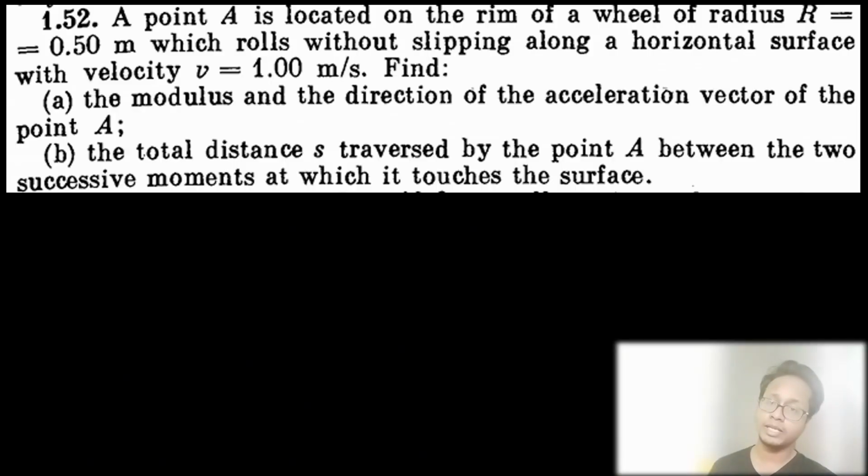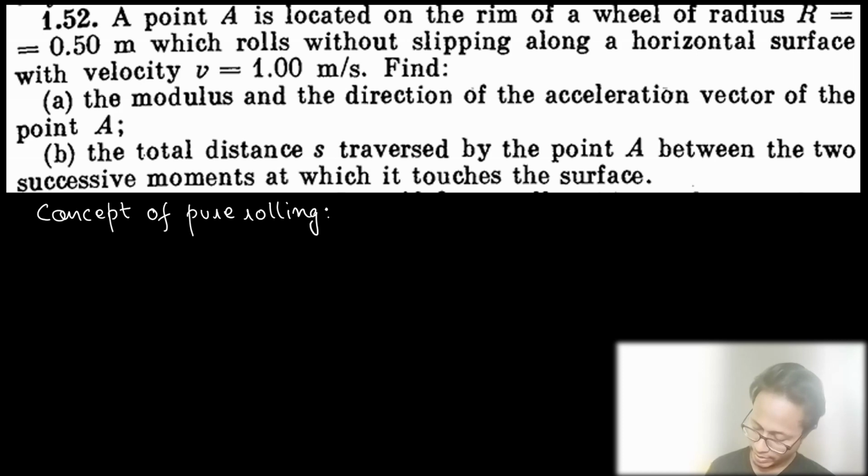But to really understand this question, you must first understand a concept called the concept of pure rolling. Okay. Acha. In the previous question, you have learned something about instantaneous axis of rotation.